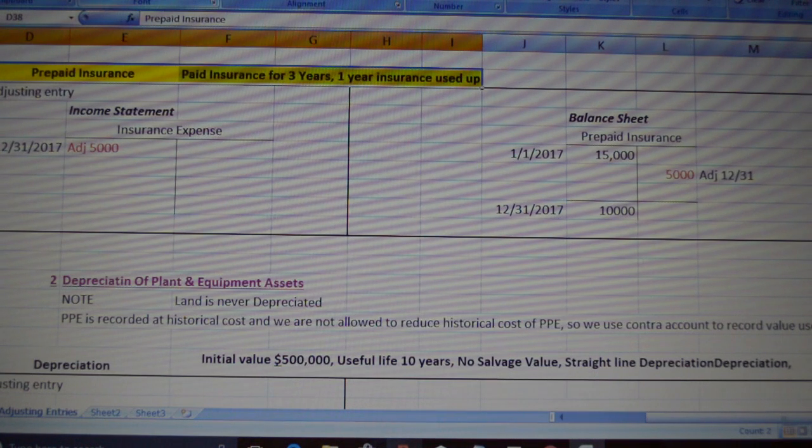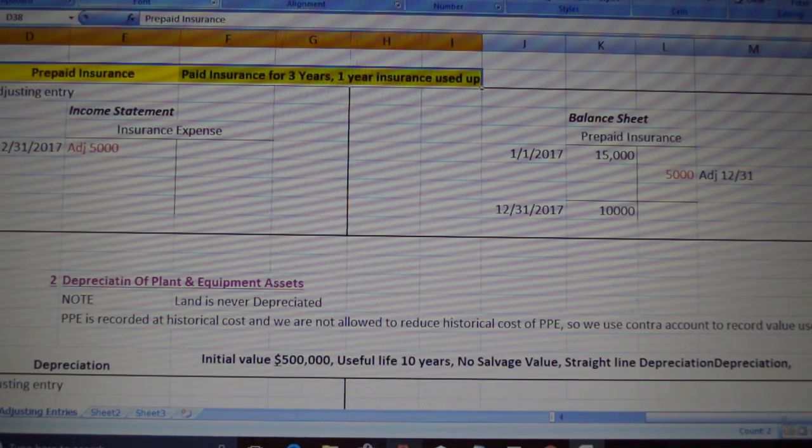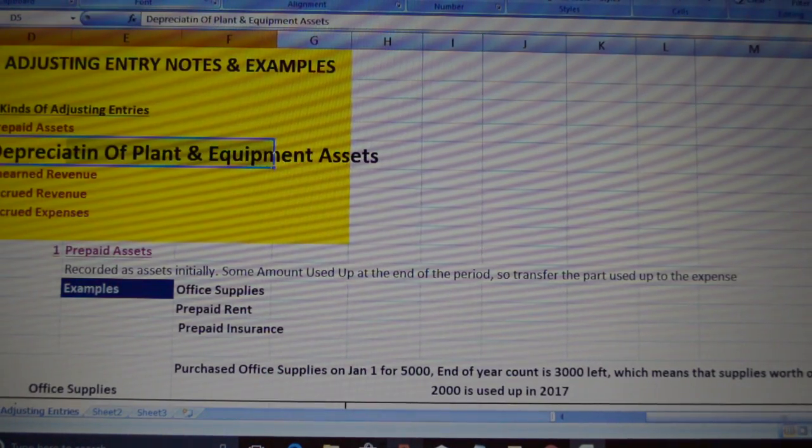So we paid $15,000 initially, which was for 3 years, and now 1 year has passed, so we will credit the balance sheet account prepaid insurance for $5,000 on December 31, and we will record the insurance expense for $5,000 on December 31.